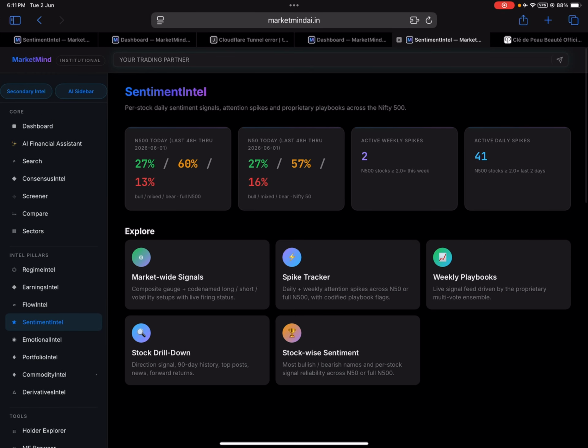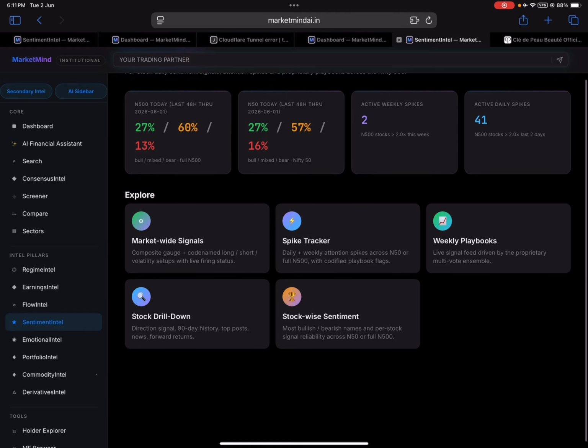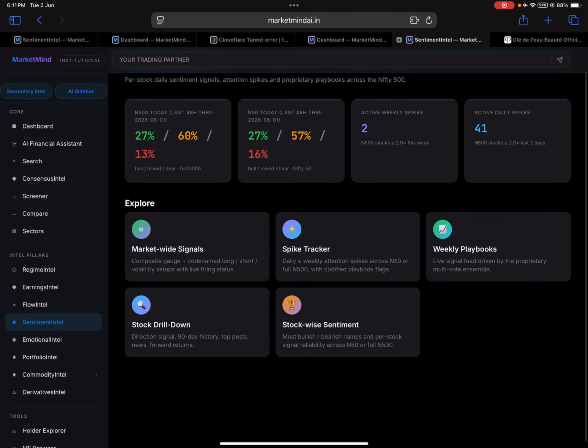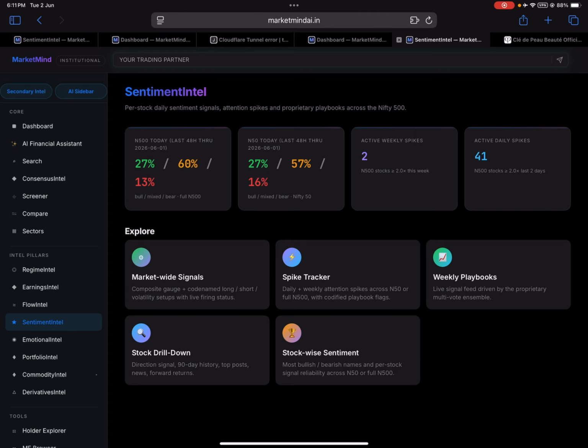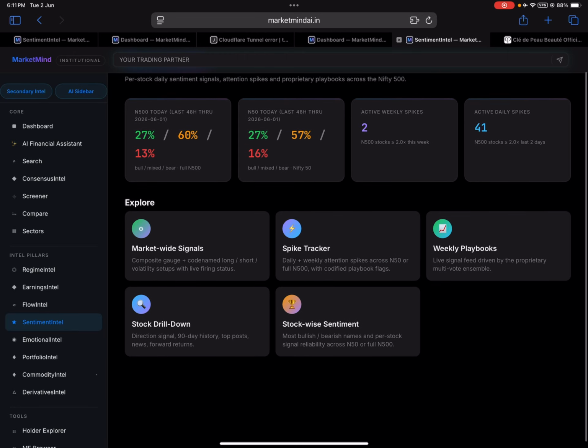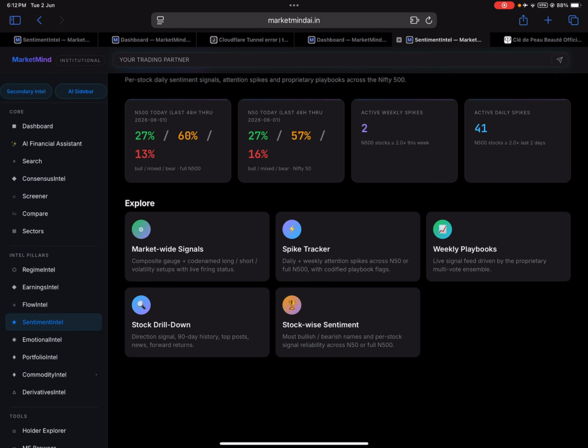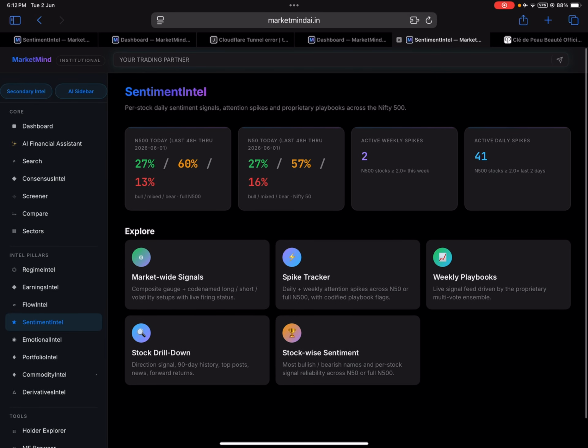We've tried, as you can see here, to make everything as easy to use as possible. You don't really have to do your own research outside of the system. What I've noticed is I get the best result out of these kind of things when I combine them with technicals and flows and that sort of stuff, which is also available in Market Mind. Let me just show you that right now.